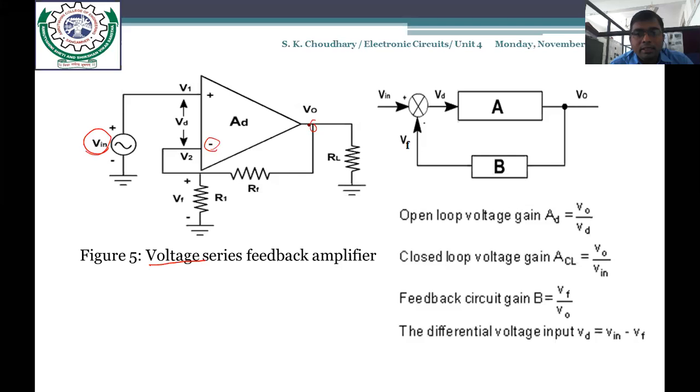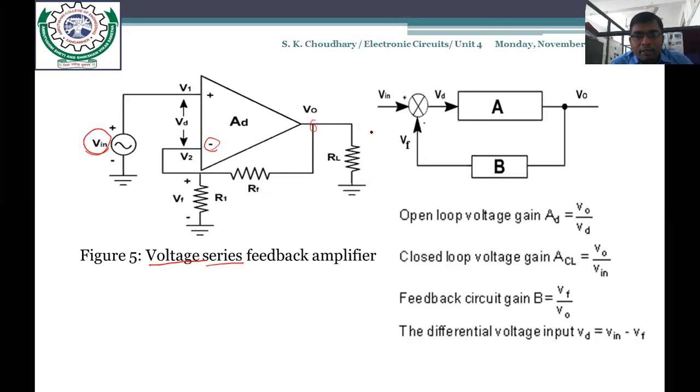Here you can see that it is connected in parallel to the output port, so the voltage will be fed back. And the second word, series, means it is a type of mixing. You can see here it is connected to the inverting terminal, that is, it is in series actually. Okay, so it is a voltage series feedback.